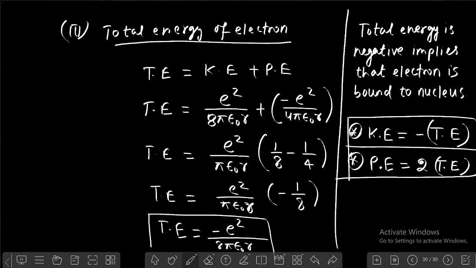So remember these two: kinetic energy is minus of total energy, and potential energy is 2 times total energy. See here, total energy is minus 1 by 8. If I multiply by minus, it becomes kinetic energy, and if you multiply the total energy by 2, it becomes minus 1 by 4. Clear? All of you?